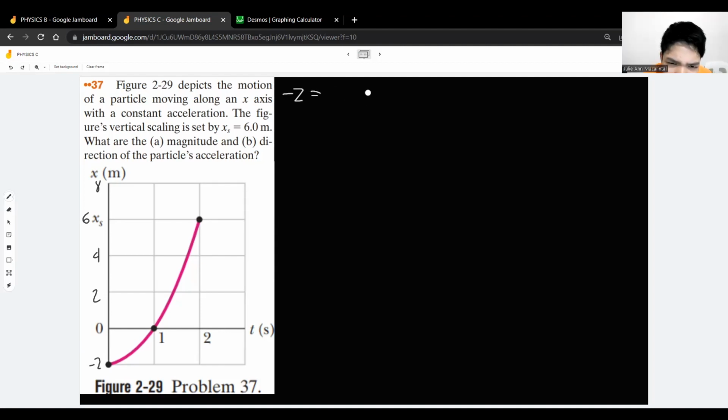Okay, no. So wait a minute. That's 0. So ang function na kailangan i-fit ay x equals 1/2 at squared plus v naught t. Kasi alam natin na plus negative 2, kasi at t equals 0, gusto natin mag negative 2.